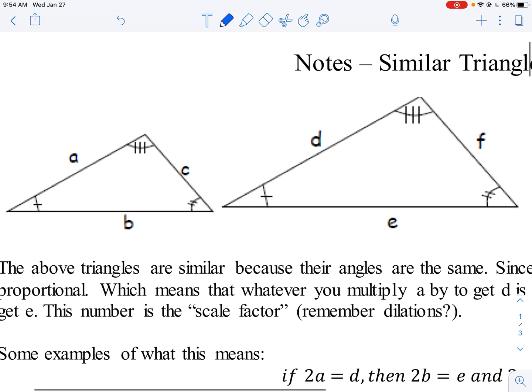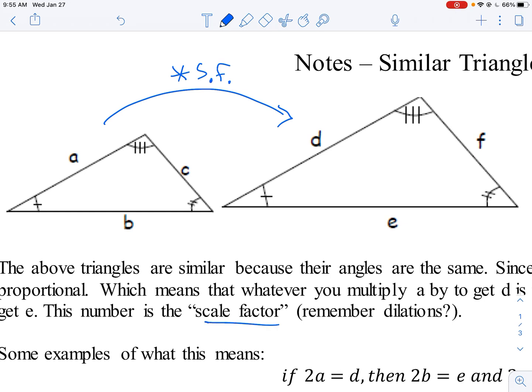When you have two similar triangles, they're going to have the same angles, but the side lengths are going to be different. But if they are similar, that means they're dilations of each other. So going from one triangle to another, you can times by some scale factor or growth factor, whatever you want to call it. I think it's called scale factor. And so that factor of dilation is the scale factor, so it's timesing by.